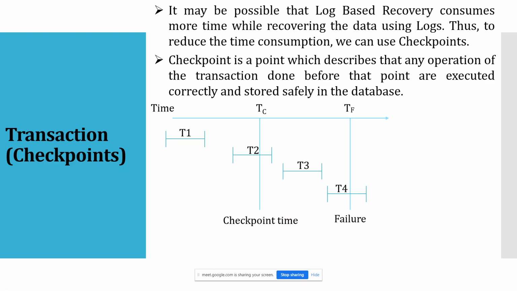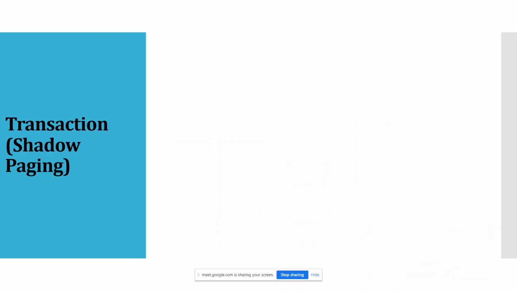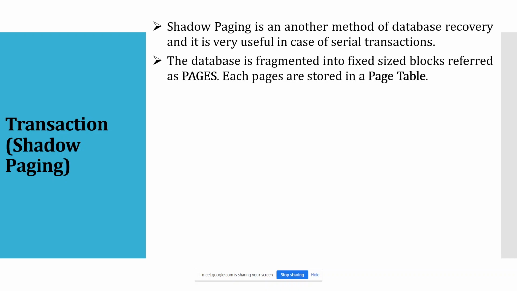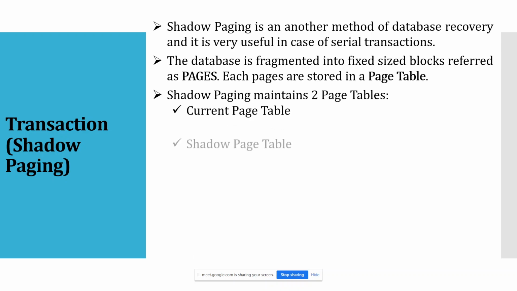Similar to checkpoints and log based recovery, there is another option: shadow paging. Shadow paging means it contains pages of the database. Each database is fragmented into a number of pages, and those pages are stored in page tables. Mainly we have two page tables, the current page table and the shadow page table. Whenever a transaction starts, both page tables have the same data.